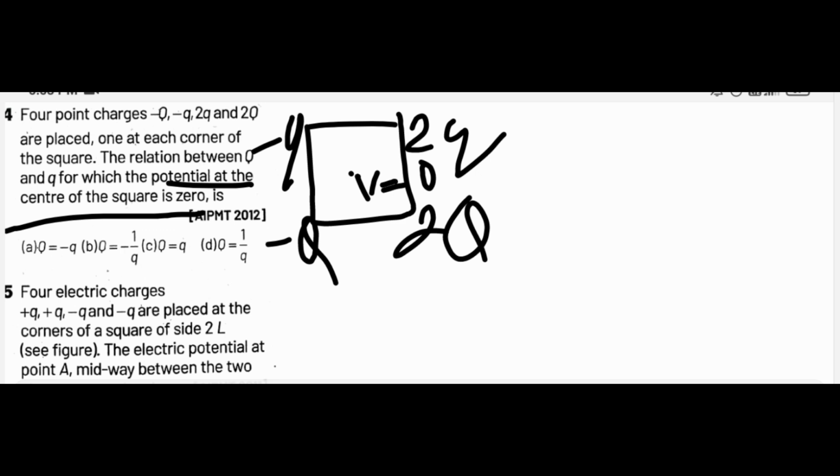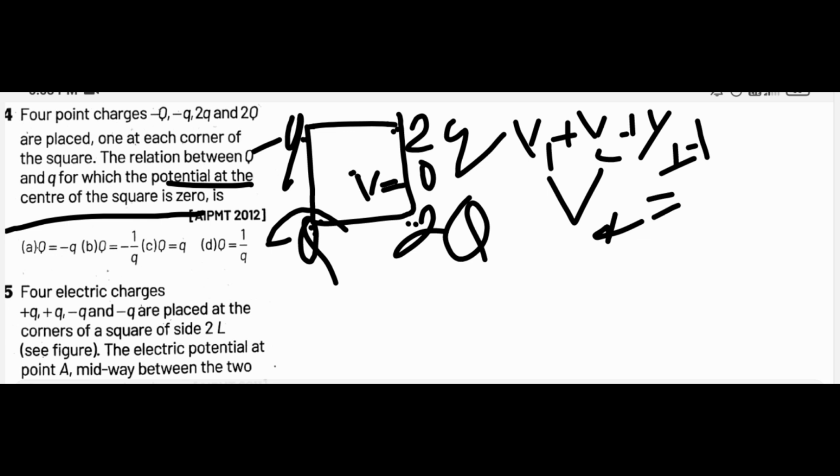How to find this? See, if V is 0 at the center, you can get one relation: the sum of the potentials at these points A, B, C, D, the corners, will be 0. Then we can write V1 plus V2 plus V3 plus V4 is equal to 0.